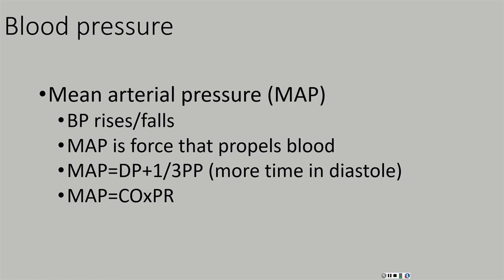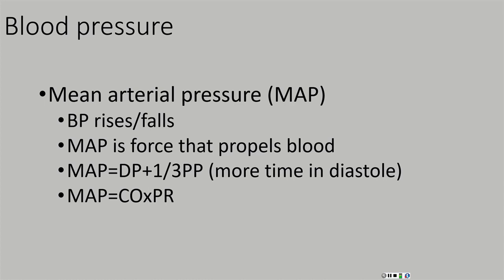MAP is kind of the average of that blood pressure. MAP is actually the force that propels blood through your blood vessels. Rather than saying 120 over 80, this is a way of giving a single number to those pressures.